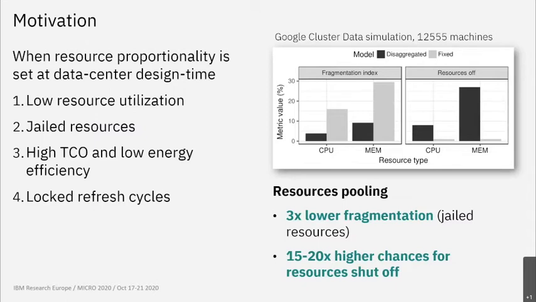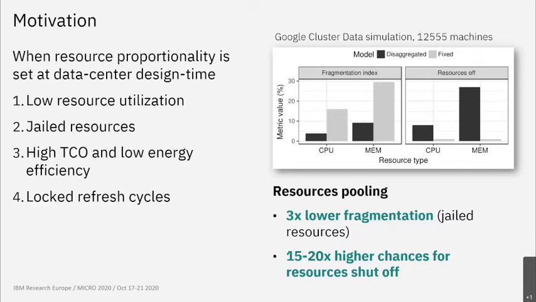Jailed resources are those resources that are free, but they cannot be used. For instance, you have free memory, but not enough CPU cores for using this memory, so this memory is actually wasted. This leads to a high cost of ownership and, of course, low energy efficiency. Also, the design based on the single server tray gives you a locked refresh cycle of peripherals.